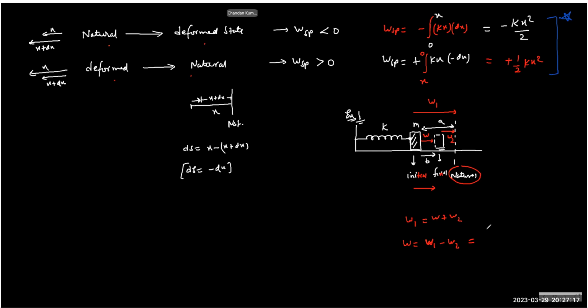So do you realize this answer? How I have written? Yes or no? Yes, sir. W1 is from the deformed to natural, and you can see how much you move. For W1, the movement X is how much? What is X here? For W1, what is X, guys?